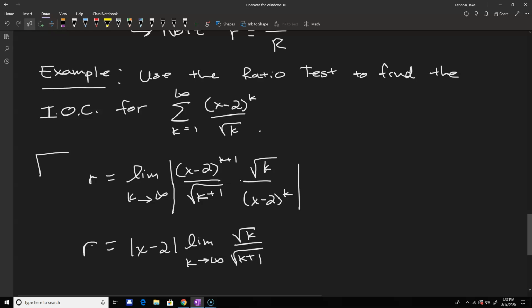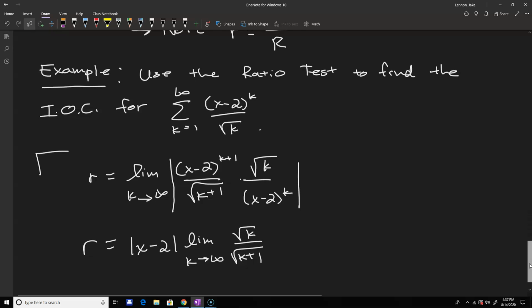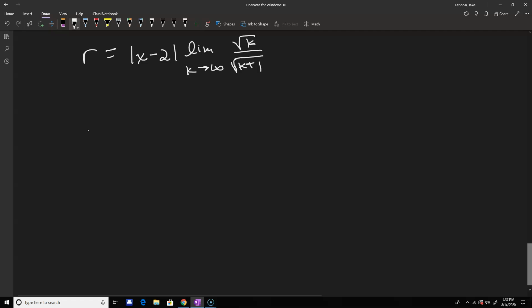So basically what's going on here, r is just equal to the absolute value of x minus 2. Remember this r is like for our series, so this is like a geometric series.